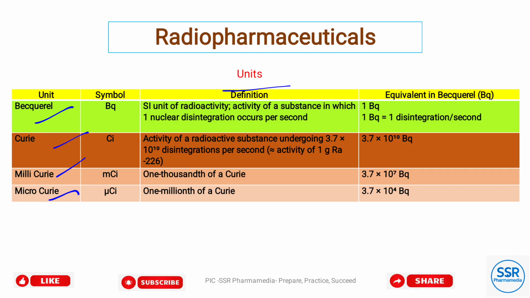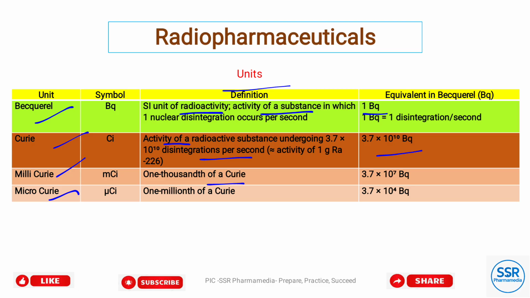The becquerel is the SI unit of radioactivity, the activity of a substance in which one nuclear disintegration occurs per second. So 1 becquerel. Curie is the activity of a radioactive substance undergoing 3.7 x 10^10 disintegrations per second, so 3.7 x 10^10 becquerel.